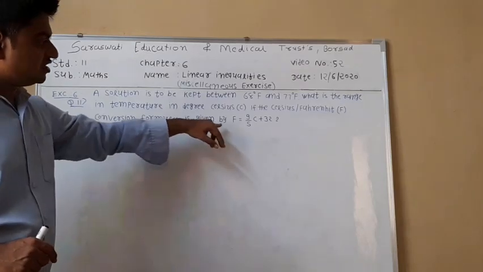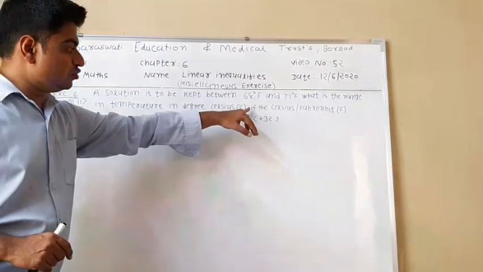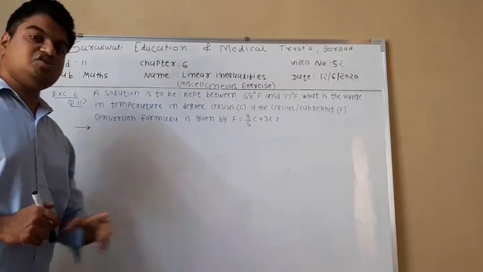The conversion formula is given by F = 9/5 C + 32.